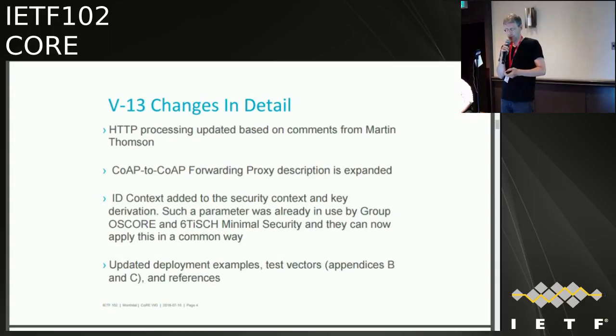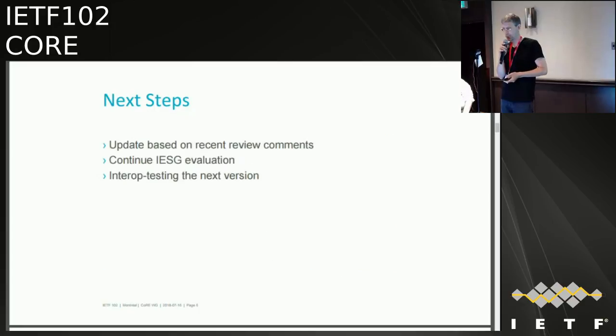And finally, we updated the deployment examples, test vectors, and references. So that sums up the changes in this version. And from our point of view as authors, our next step is that we still have some more review comments based on this new version from Jim, which we'd like to include and publish a new version.